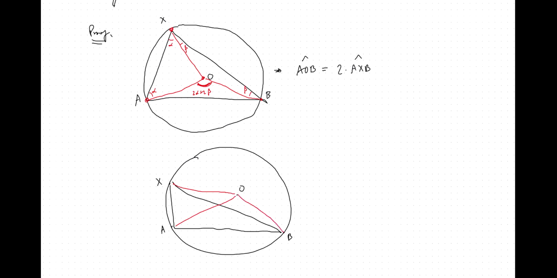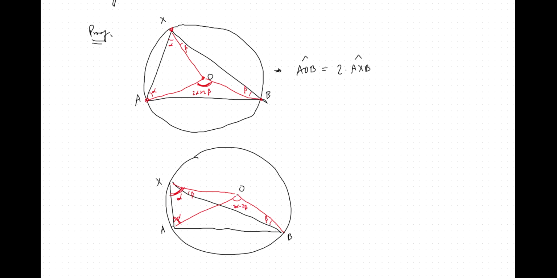Well, this is alpha, and this is beta, this is beta. So what remains here? You can show that this should be 2 alpha minus 2 beta. How can you prove it?